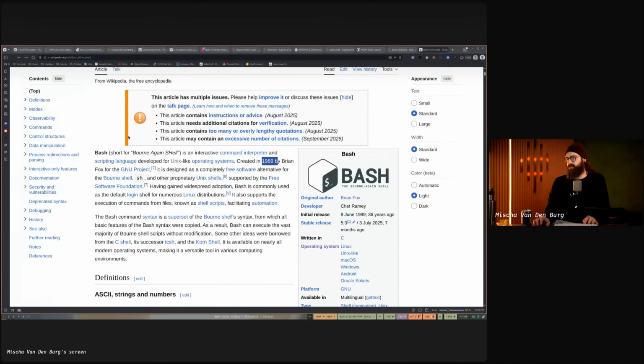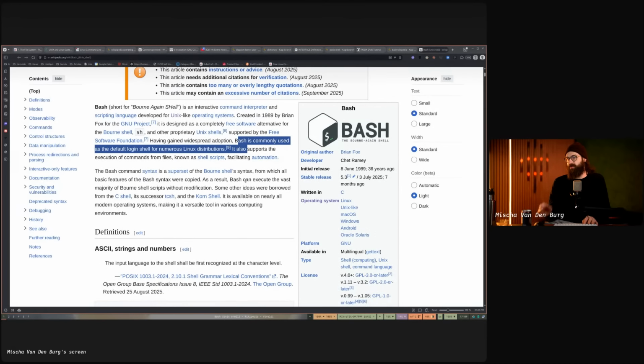So Brian Fox created Bash, and it's designed as a completely free software alternative for the Bourne shell, which is sh, otherwise known as the POSIX shell. They call it the Born Again shell, and that's why the name is Bash. Bash is commonly used as the default login shell for numerous Linux distributions.